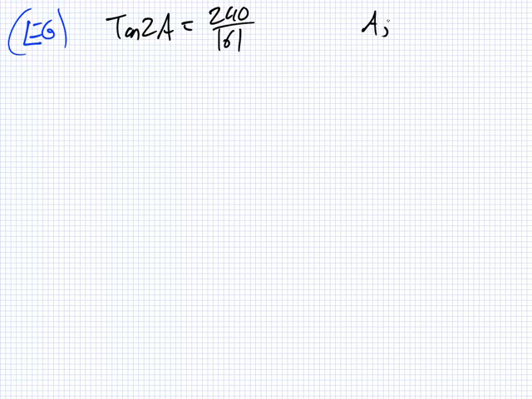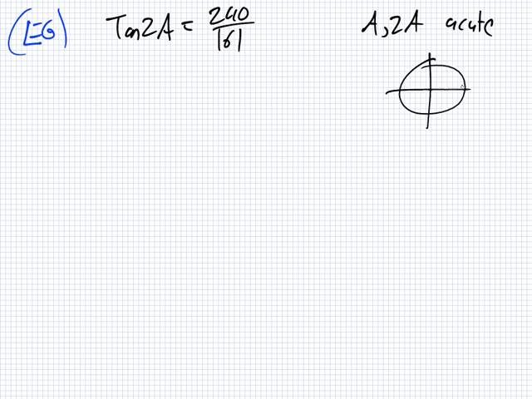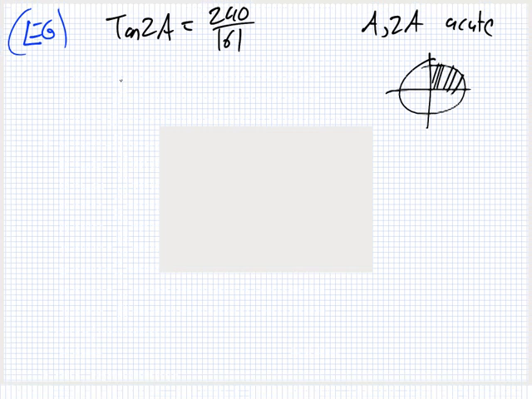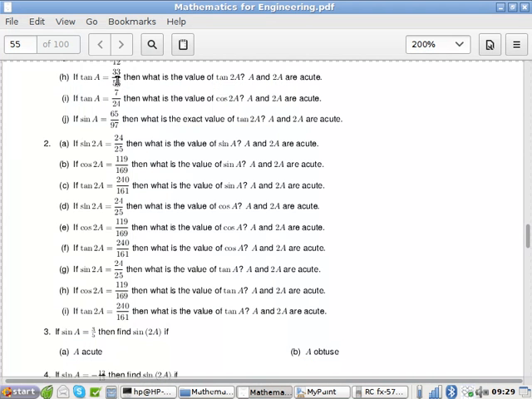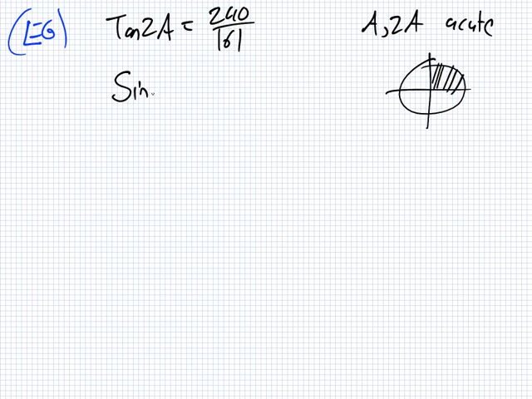A and 2A are acute, so that means you're in this quadrant. And we would like to know sine A. Got that? Yeah? Okay, so start here now.